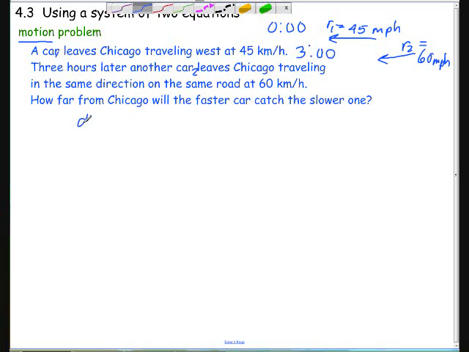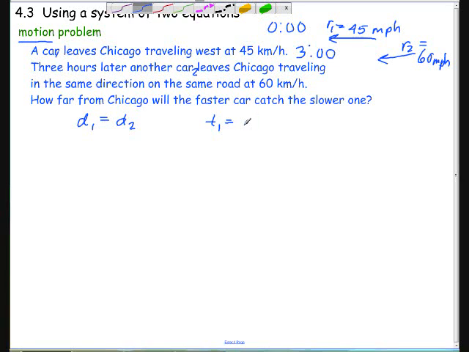And we're going to say that the distance we're looking at, which is a distance from Chicago, they'll both be the same distance from Chicago. What do we know about the time? Well, for the first, we don't know what it is, do we?